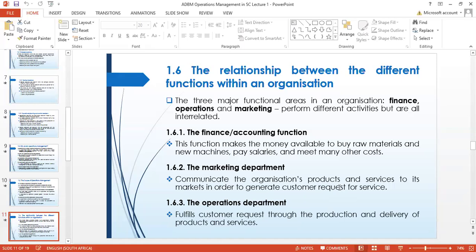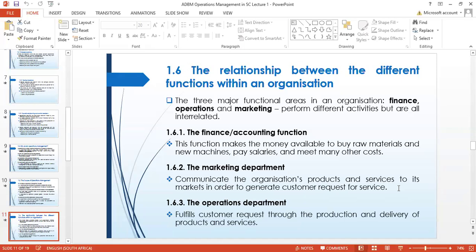So when customers see the marketing department advertising the product, they will say, okay, I want to go and try this. So it's a very important department, because if the marketing department does not do well, then the products of a business are not going to be purchased. If products are not purchased, sales revenue would drop, which will have a negative impact on the profits of a business.